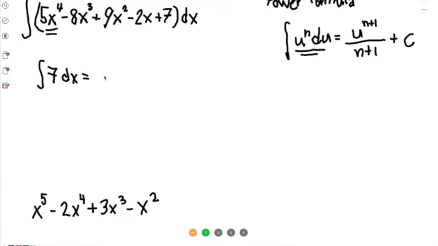So since we are asked to integrate this constant, this function na wala namang x sa kanya, with respect to dx, we will just see it as the integral of 7 times 1, which is x raised to the 0 power. So anything raised to 0 is 1.